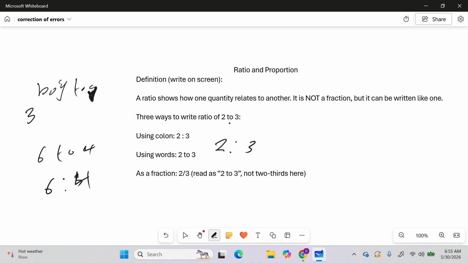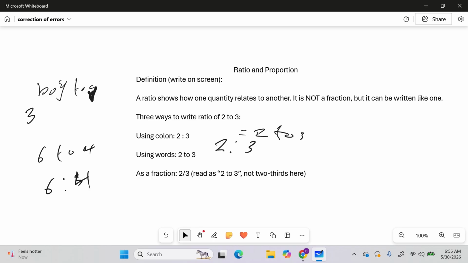And also, we can write ratio in a word form. That is using the word "to" to write ratio, 2 to 3. And a ratio is not a fraction, but it can be expressed or written in a fraction form. So even though ratio is not a fraction, we can express ratio in a fraction form.